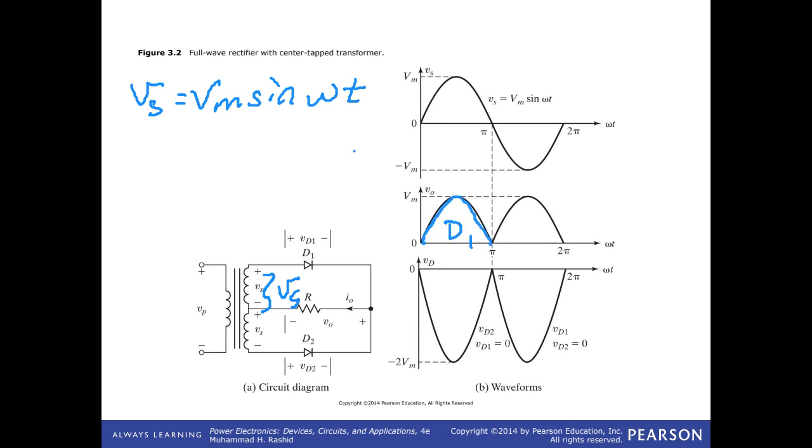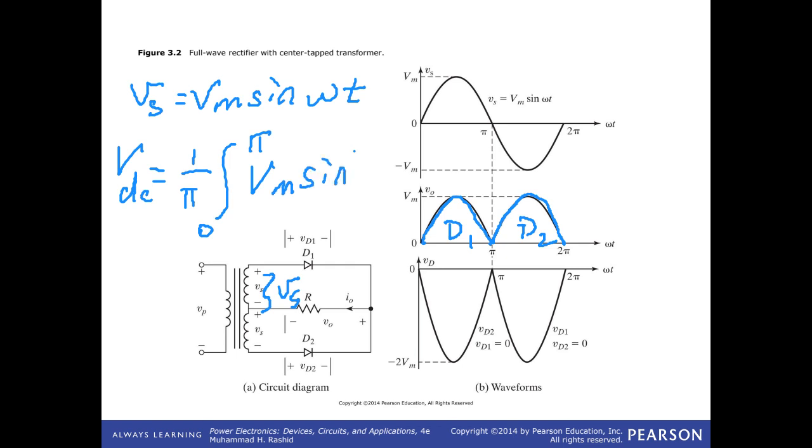The negative part, which voltage is already negative, therefore is positively biased, is transferred to the load with diode 2. So the average value VDC is equal to 1 over pi integral from 0 to pi Vm sin omega t d omega t.